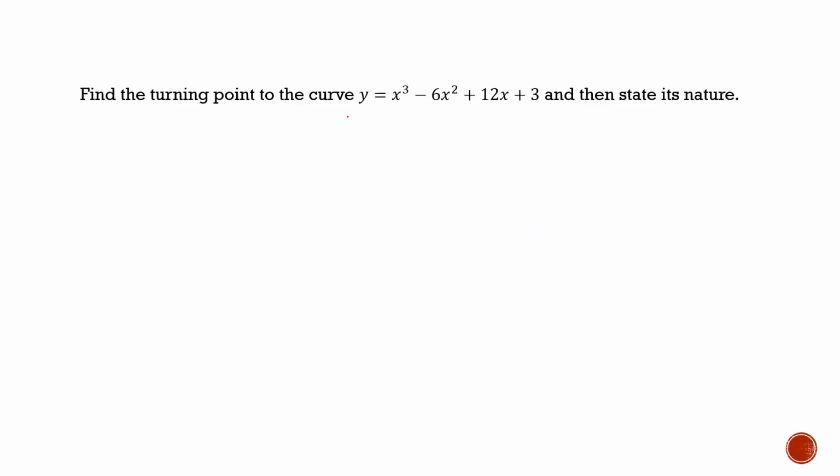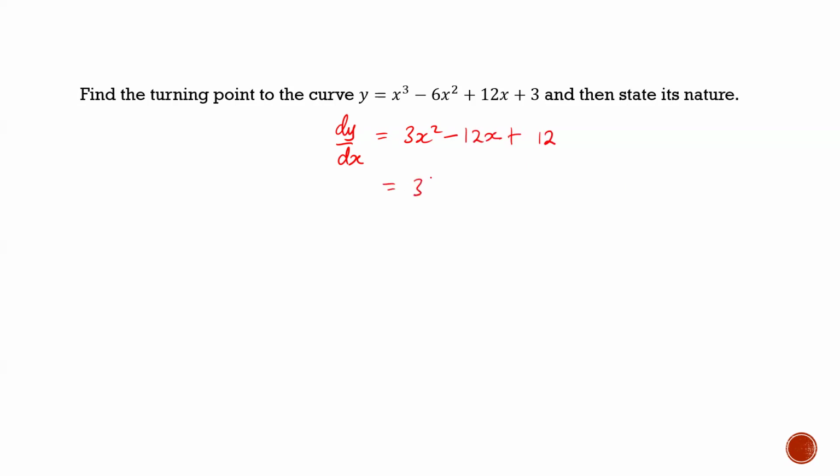So we've been asked to find the turning point of this curve and state its nature. So state whether it's a maximum, a minimum, or a point of inflection, like we've just seen. Given y, we can get dy/dx, which is 3x squared minus 12x plus 12.